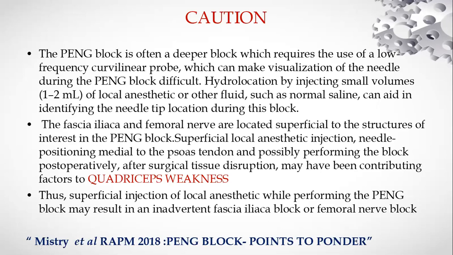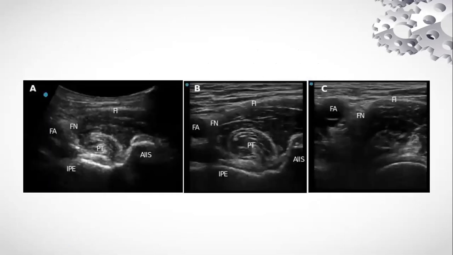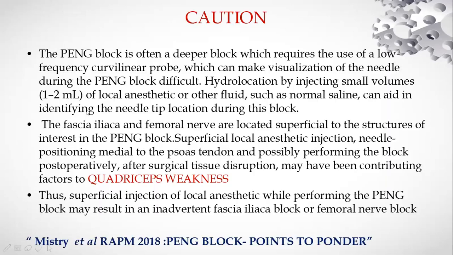They found that because they were using the curvilinear probe, many times they were not able to follow the needle trajectory closely, and accidentally they could go a little bit more medially and probably injure the femoral nerve, which had probably resulted in the quadriceps weakness.